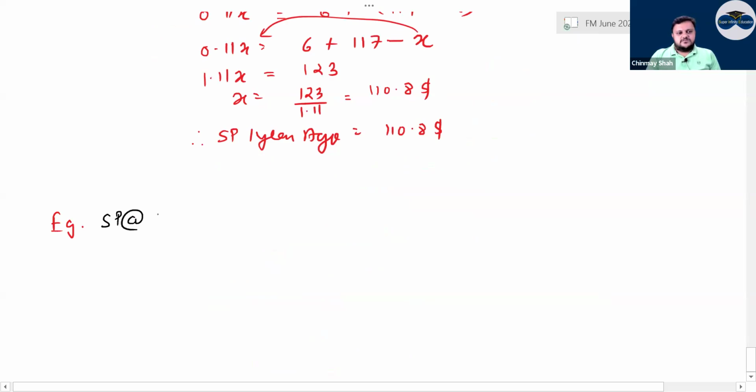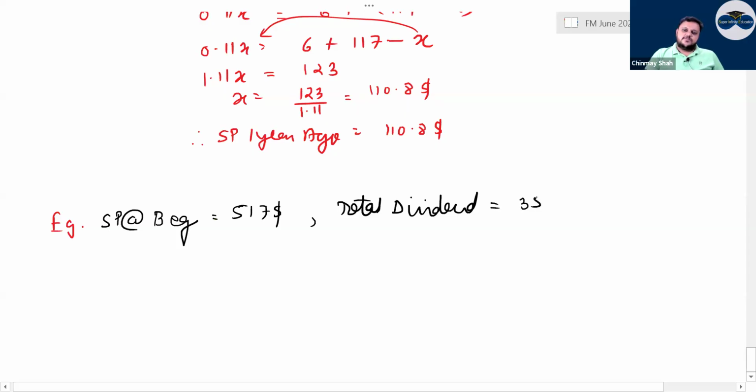Share price at end, or write down share price at beginning is equal to $517, comma, total dividend is equal to $35.